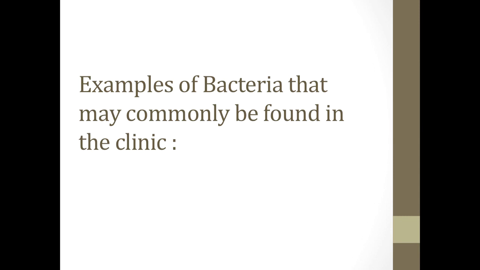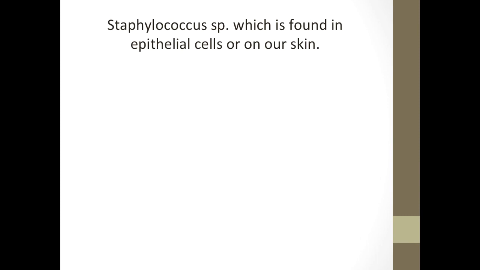So, examples of bacteria that may commonly be found in the clinic. Staphylococcus species is one of the most common contaminants anywhere, simply because this is what we call normal flora, which we may find on our skin. When you say normal flora, these are organisms or bacteria that normally you would find on your skin, whether or not you were a healthy person or if, let's say, you had a skin condition.